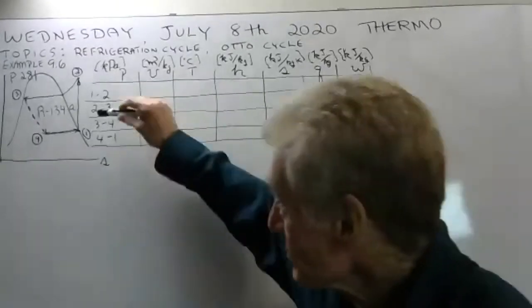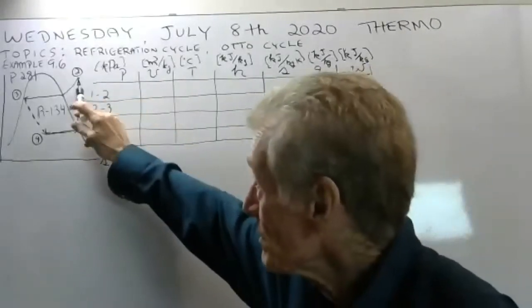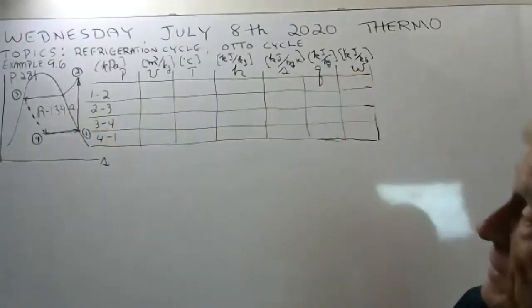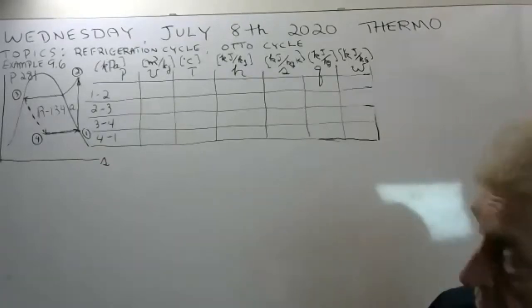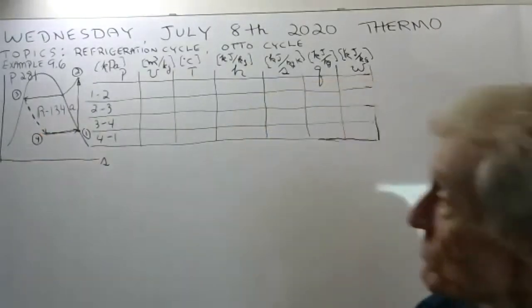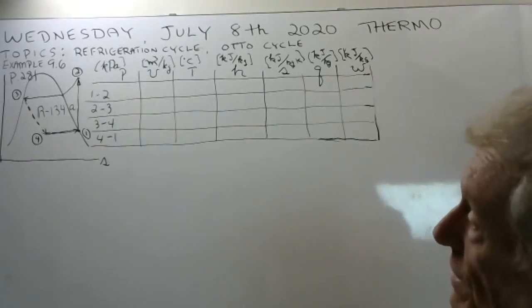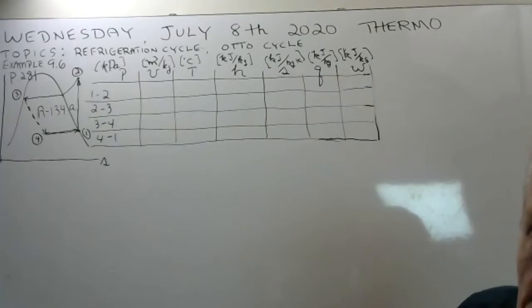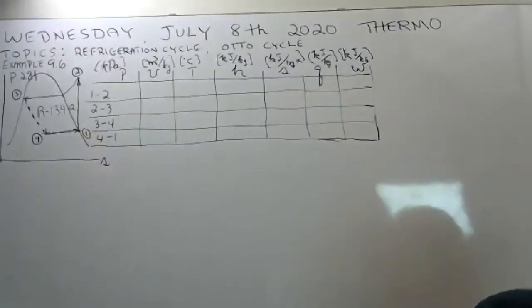Well, I was mentioning this is the compressor from 1 to 2, and from 2 to 3 is your condenser. From 3 to 4 is your expansion valve, and from 4 to 1 is your evaporator. Now you have all 4 of those in your car. And your car uses R134A. So this is sort of a description of your car air conditioner.